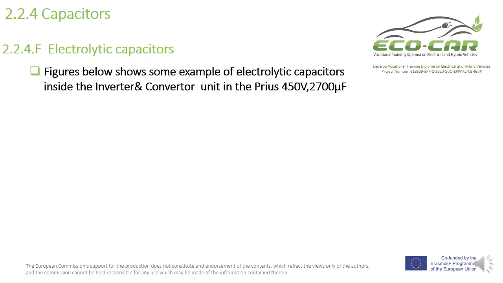Electrolytic capacitors, as we see here, nowadays in automotive vehicles and hybrid vehicles like the Prius, we can see electrolytic capacitors in the inverter converter unit, which belongs to the high voltage system in the Prius.